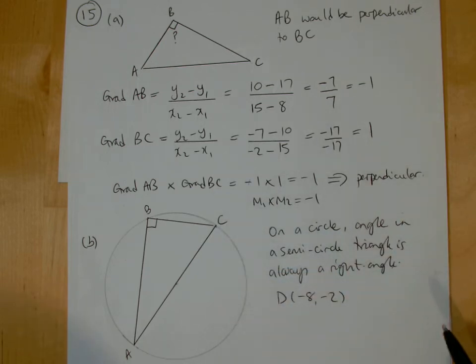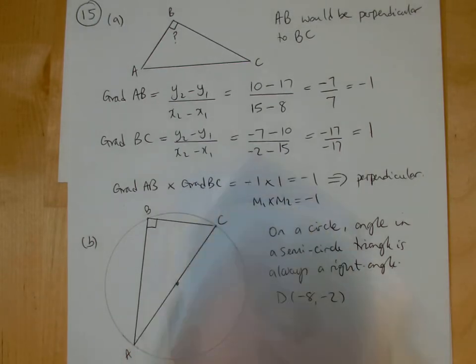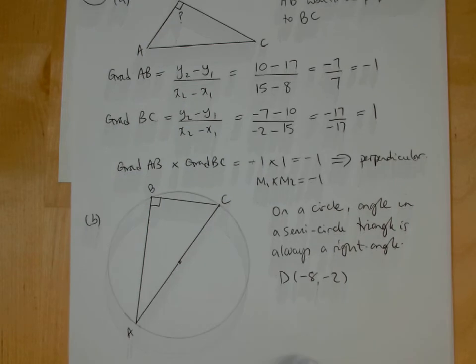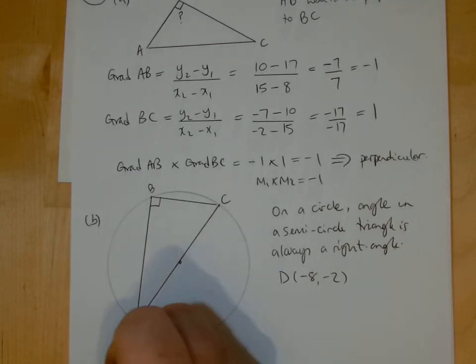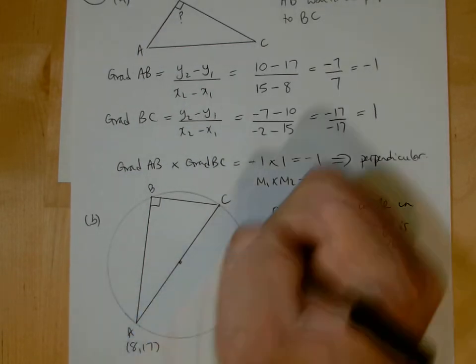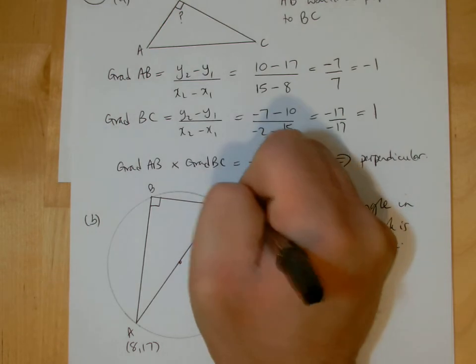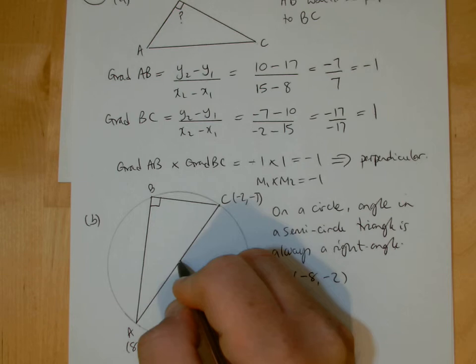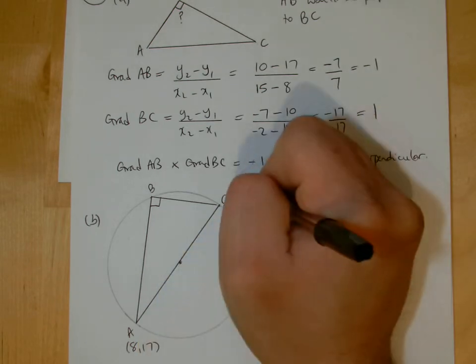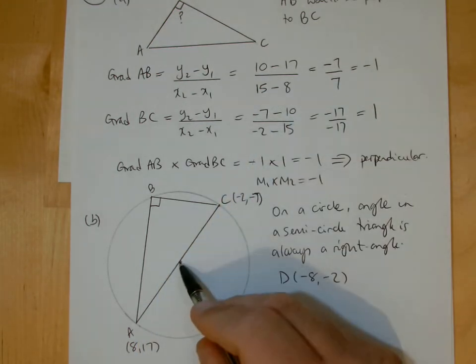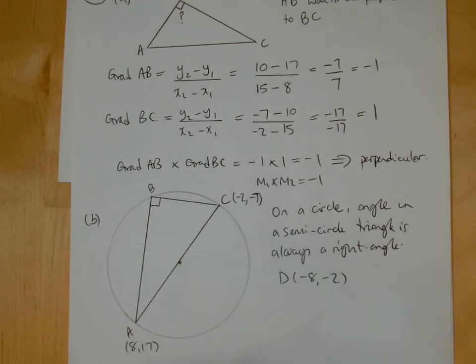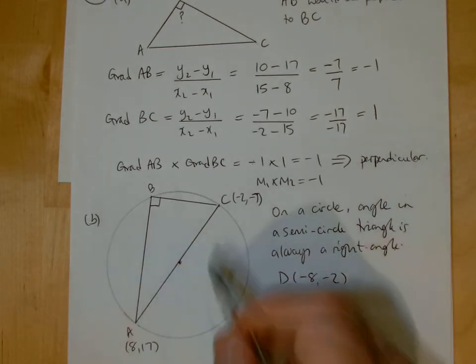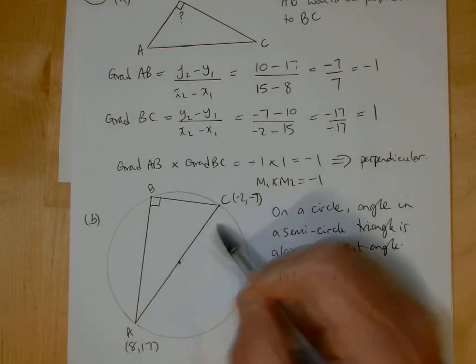In order to do that, I'm going to need to figure out what the centre of the circle is. That's quite straightforward because we know A is 8, 17, and we know C is -2, -7. If I get the centre, I can then work out the distance from the centre to that point D to see whether it's inside or outside. To get the centre, it's the midpoint of AC.